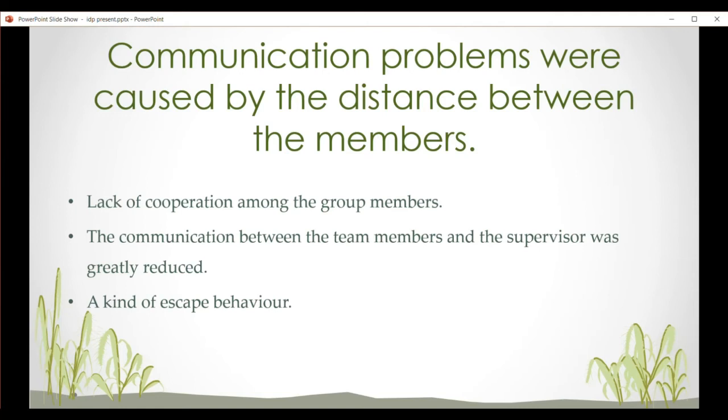It can be said that communication is basically the biggest problem caused by MCO, and it can also be said to be a kind of escape behavior for students.